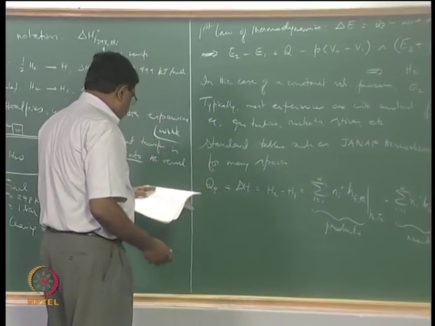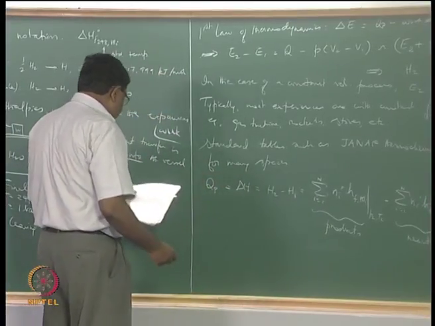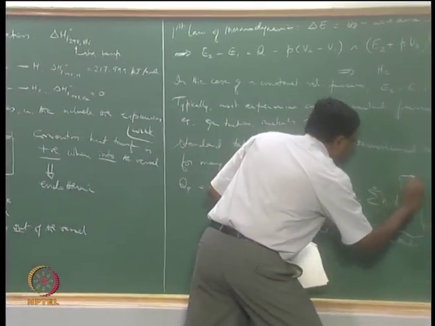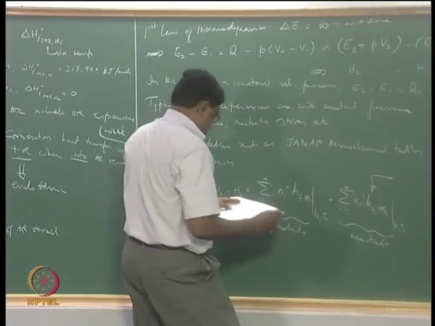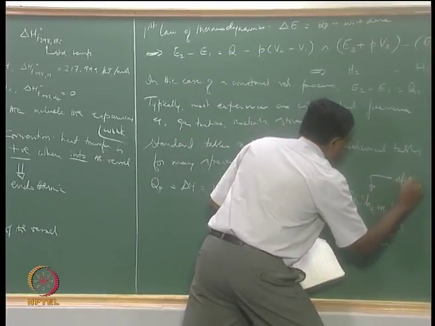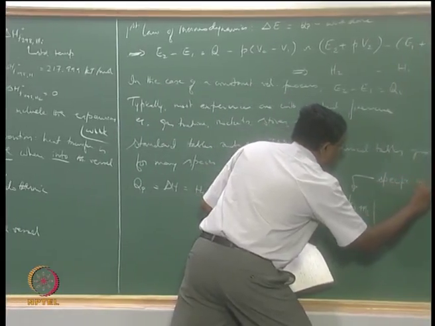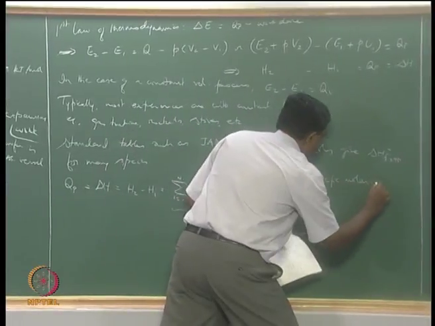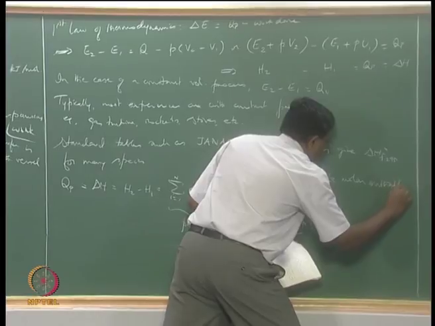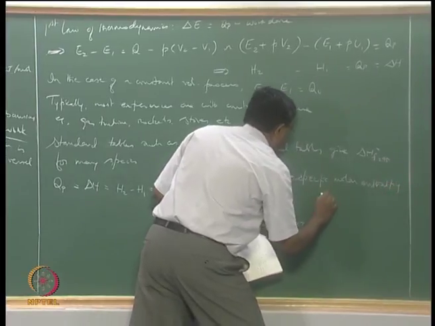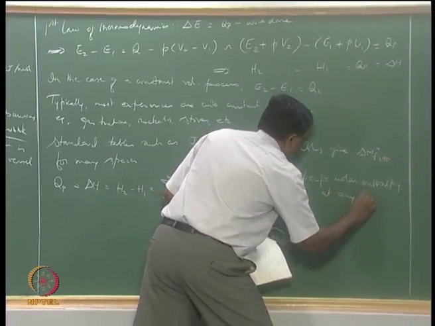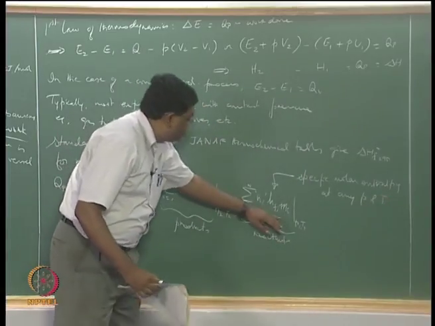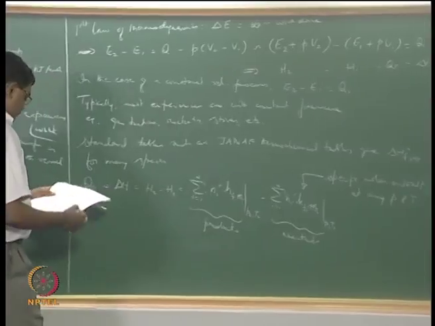The next step for us is, so here our hf, small hf_i, as I said, was the specific molar enthalpy at any P and T. In this case it is P1 and T1, in this case it is P2 and T2.